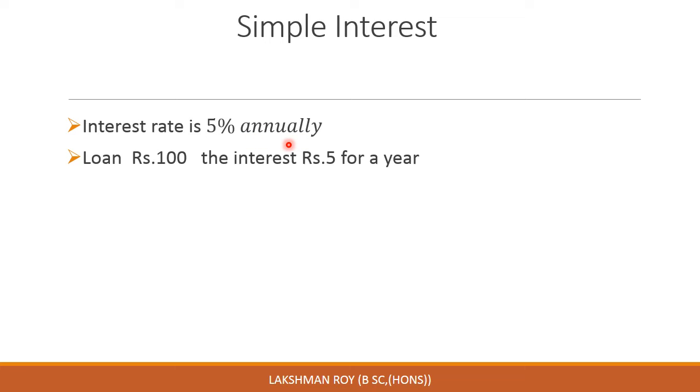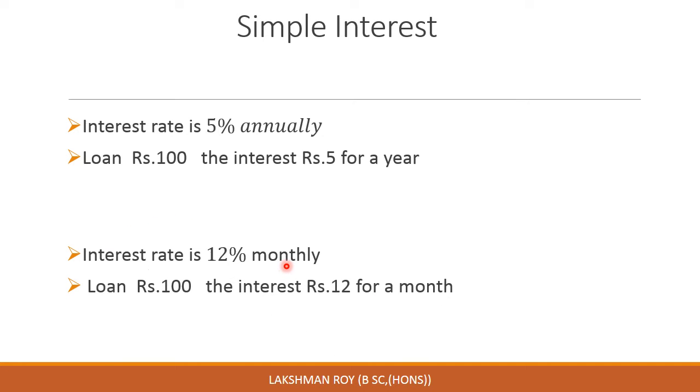So in this sum, we have to find other amounts. So I'll explain another one. Here you can see 12% monthly. The interest rate is 12% monthly. So what is the meaning of that?